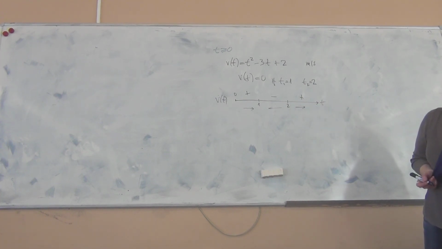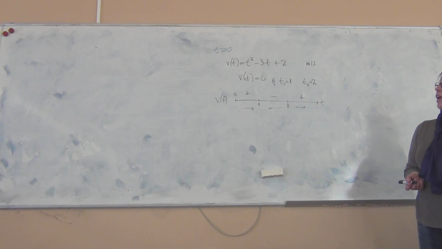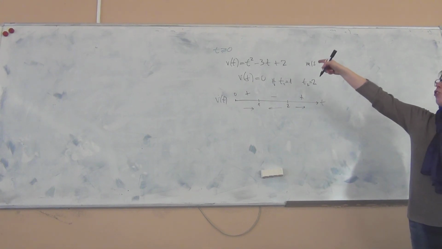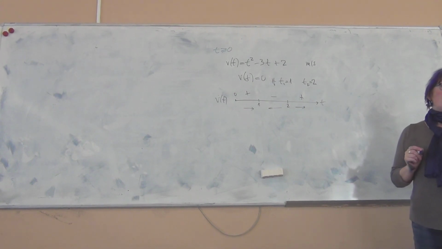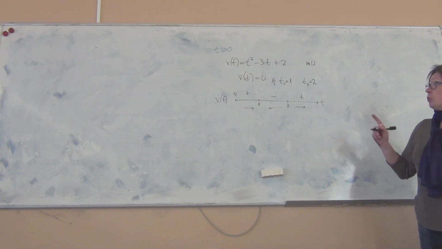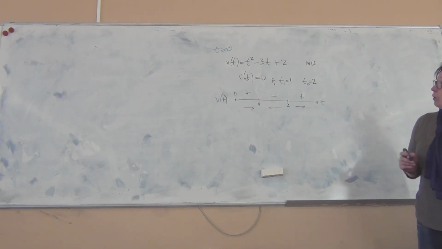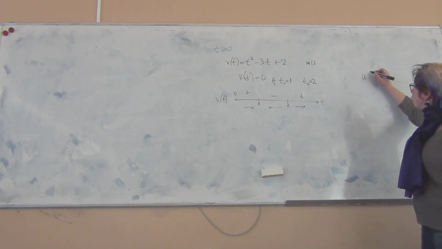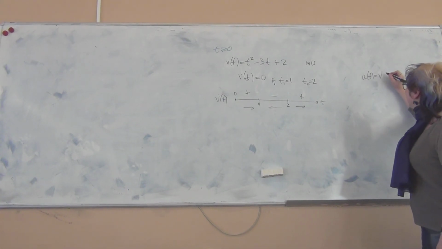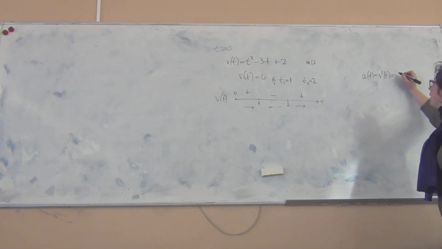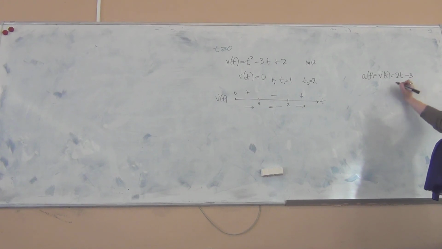So if necessary, we can also find the acceleration by deriving this function. The acceleration is the derivative of velocity, and that would be 2t minus 3.